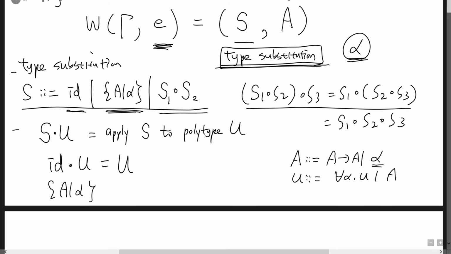If the type is alpha, then literally you substitute A for alpha in alpha, so therefore the result is A, of course. But if the type variable is different, so here alpha is not equal to beta, then these two are different, so it has no effect. So we leave beta intact.